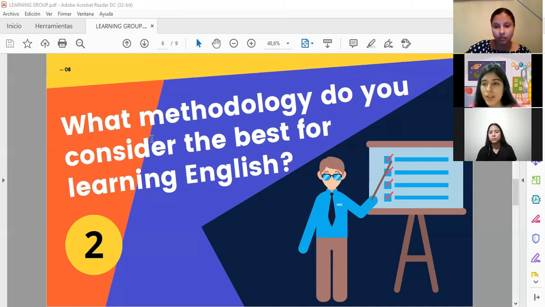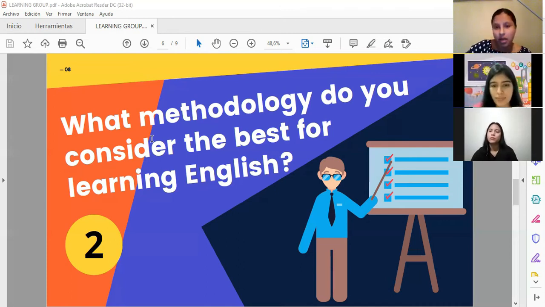Among some aspects that we can consider about this method: first, direct relation between thought and words; second, oral practice; and third, not using my mother tongue. An advantage of this method is that it creates the right environment for learning English, which helps to have good fluency.